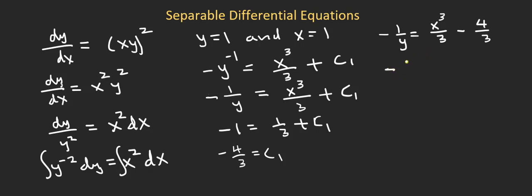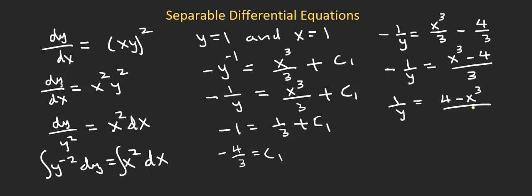So it's all algebra now. I don't like that negative, so I'm going to multiply both sides by negative. So you end up getting 4 minus x cubed over 3. I multiply both sides by negative.